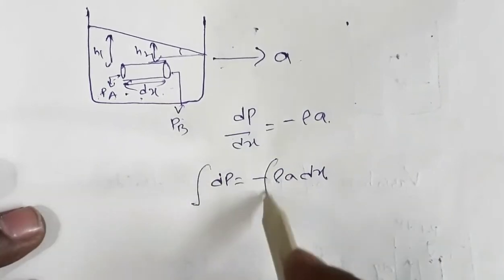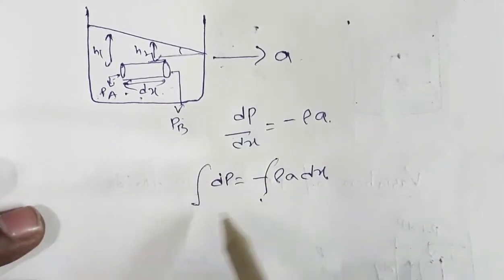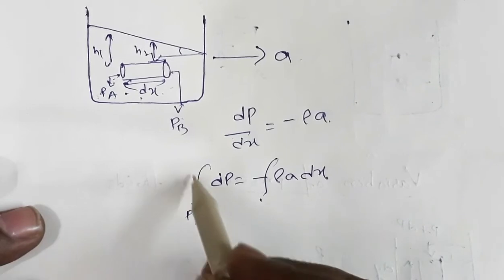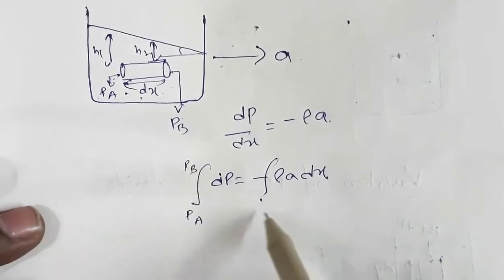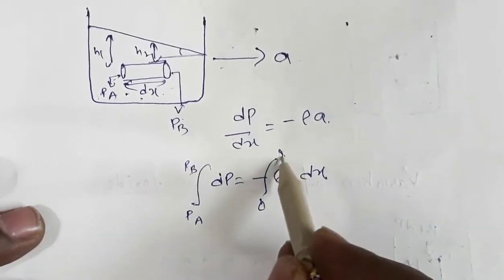So if I integrate this from PA to PB, and 0 to x, what do we have?